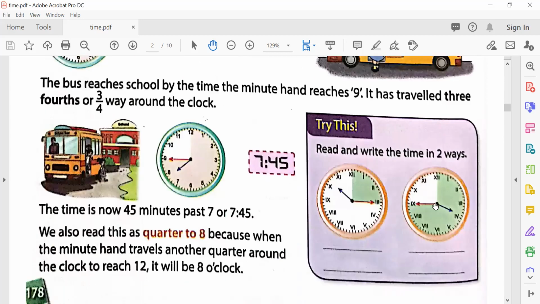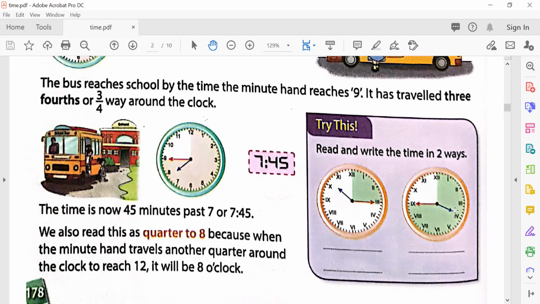Now, how do you say this one? It's 3:45, not 4:45.